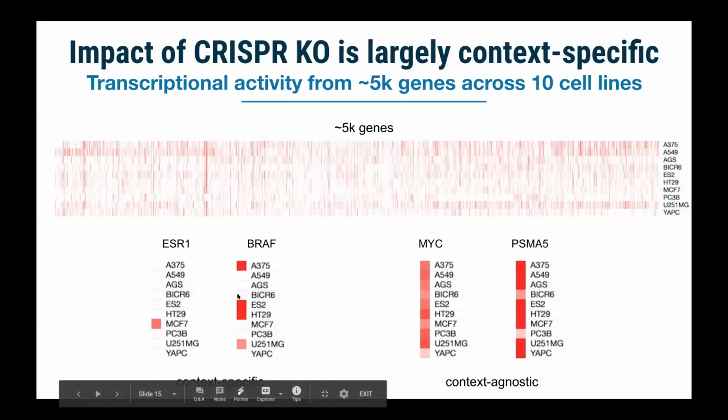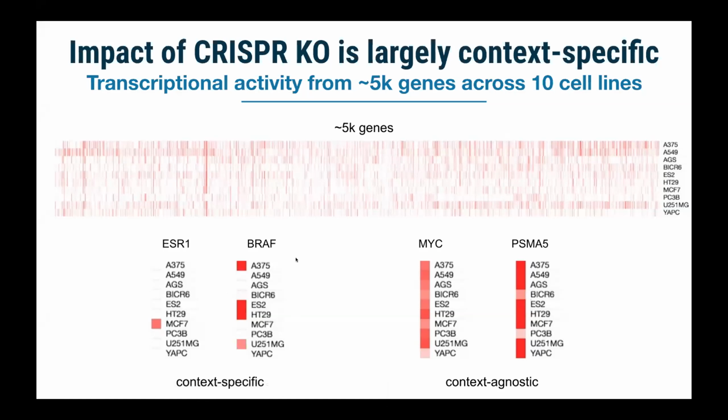Here are a couple of examples of context-specific patterns, genes like estrogen receptor and BRAF, where the signature is notably stronger in a subset of cell lines where that receptor is expressed. This compares to genes like MYC or a proteasome subunit, which seem to be generally strong across most cell lines because they are central to all of these cell lines. So even at this very high level, some interesting patterns emerge.